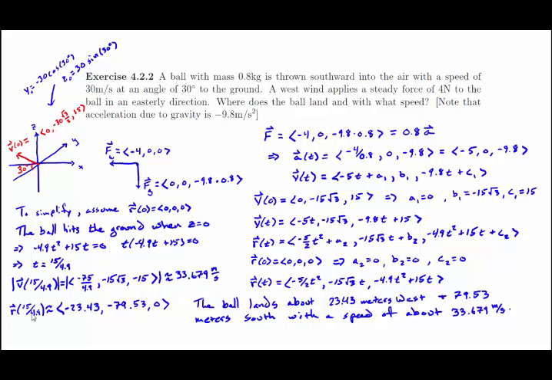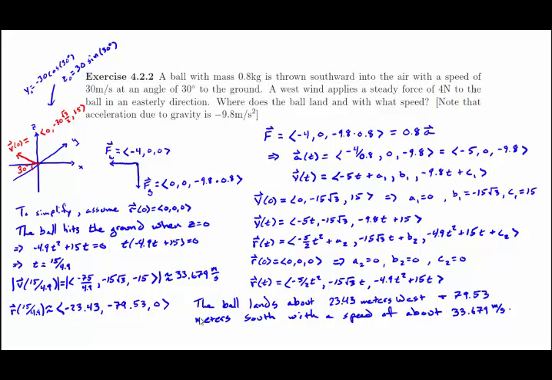We can then take the 15 over 4.9, plug it into our position function, and get r of 15 over 4.9 is approximately negative 23.43, comma negative 79.53, comma 0. Again, I got that from plugging in the 15 over 4.9 into the components of r of t, and then having my calculator simplify that down for me.